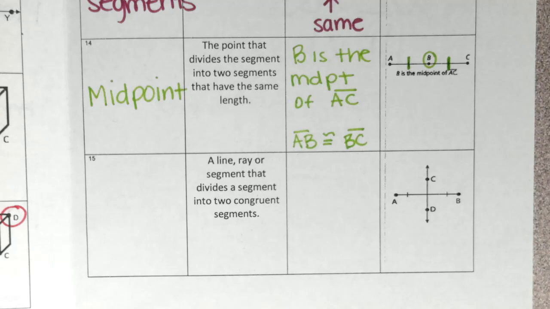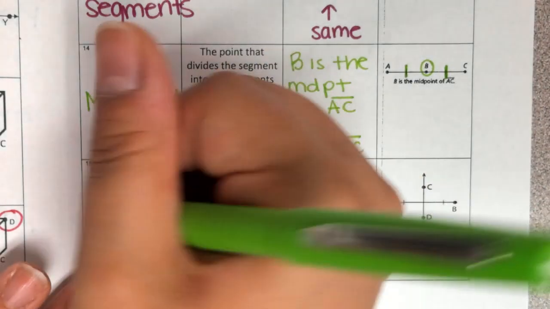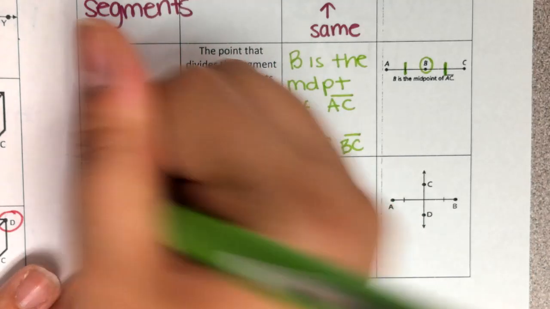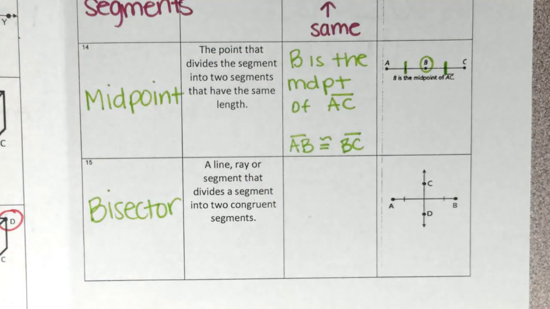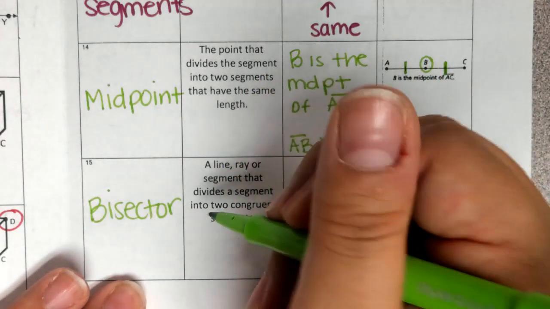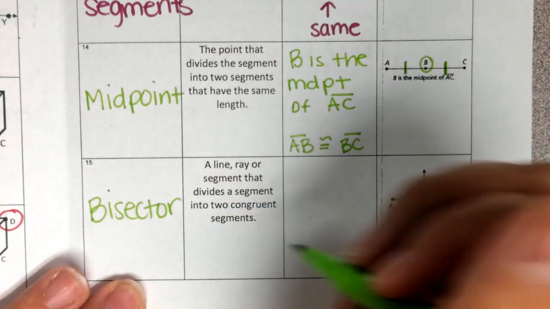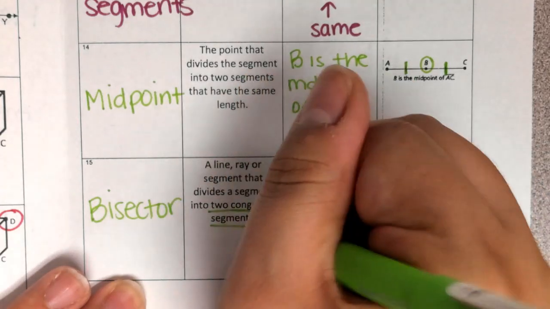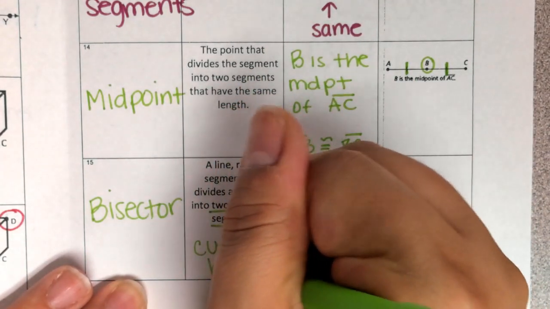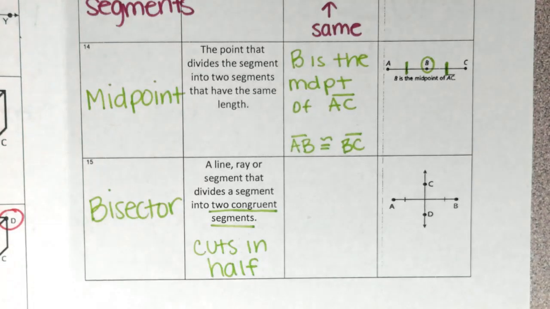Last one is a new word. Bisector. What did you learn the word bi meant? Two. This cuts a segment or ray into two congruent segments. It cuts in half. Which one does the cutting in half here?